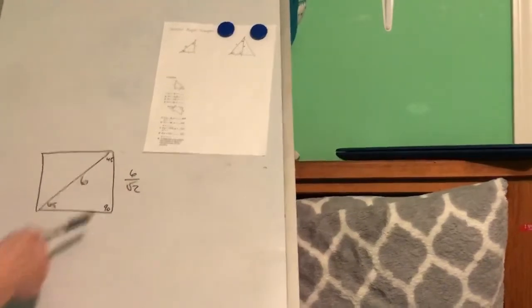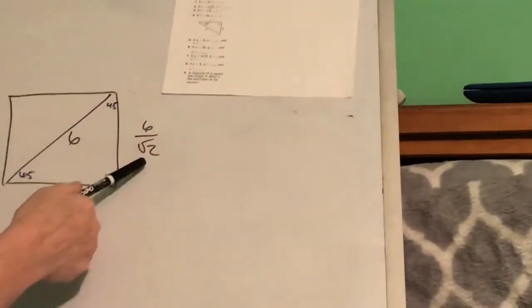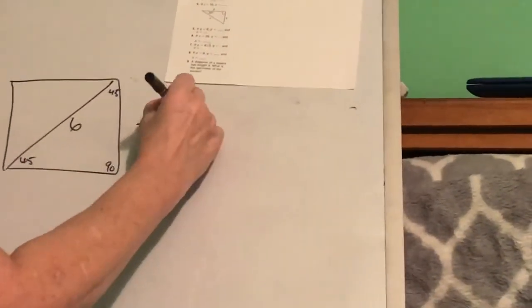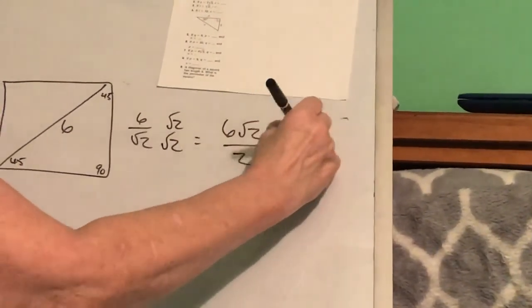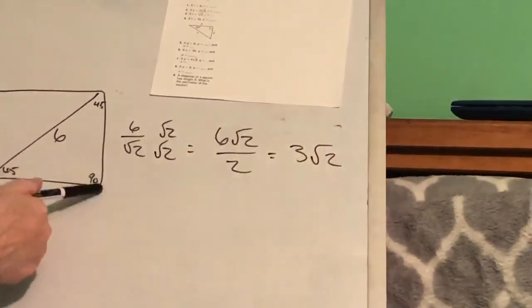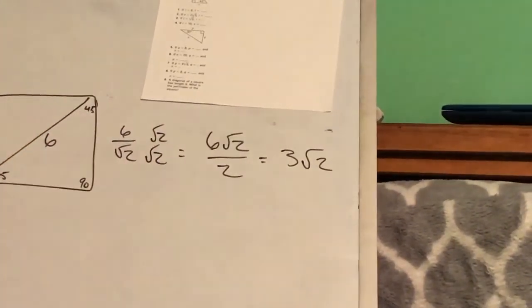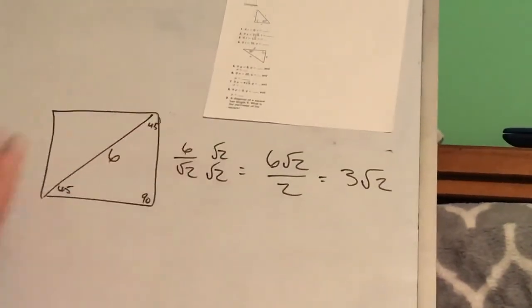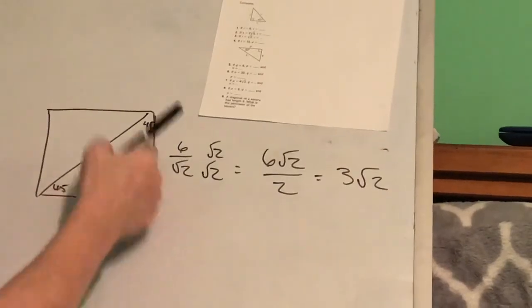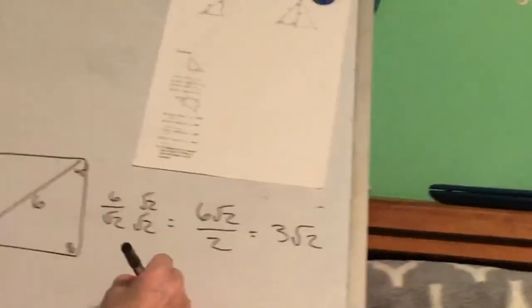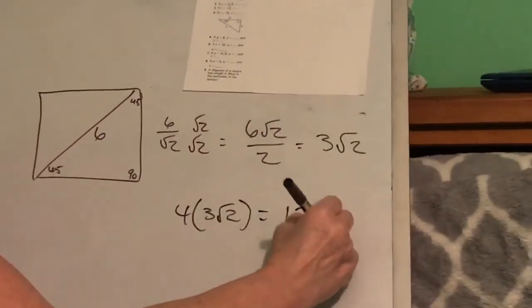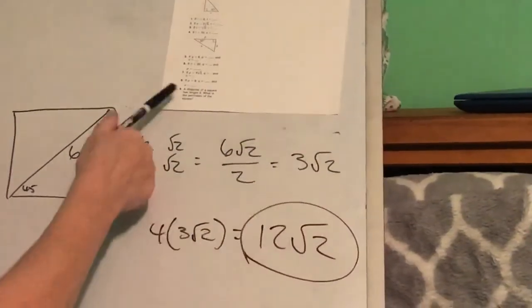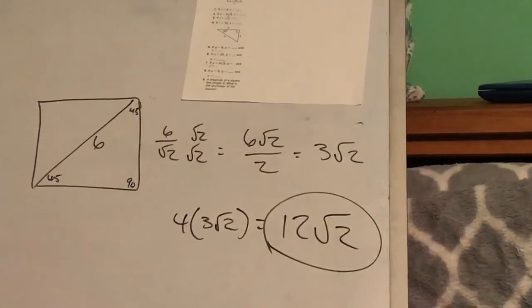We've gone back to squares, so we're back up here. So we're dividing by the square root of 2. We're rationalizing the denominator. 6 square roots of 2 over 2 gives 3 square roots of 2. That means the length of every side is 3 square roots of 2, and I want perimeter. So there are 4 sides, so 4 times 3 square roots of 2 will give me 12 square roots of 2, and that should be your solution to number 9.